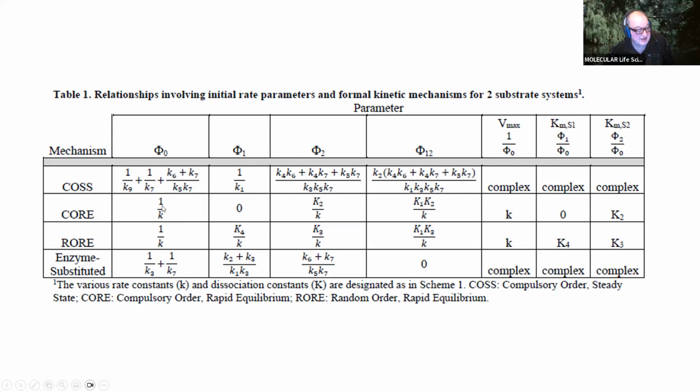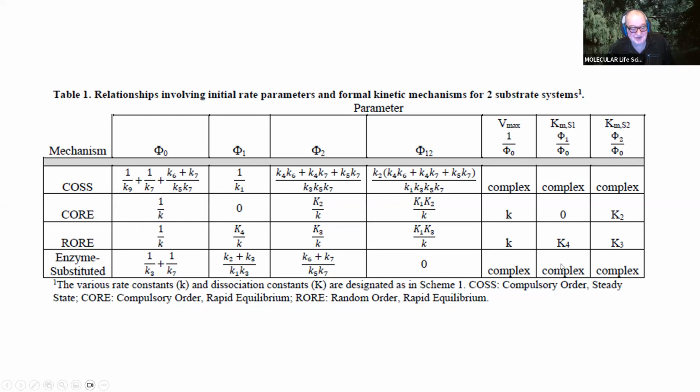You'll notice these are the rapid equilibrium mechanisms where the Vmax is a single rate constant. But in the steady state mechanism, it's a very complicated set of rate constants. And that's why I say you have to understand what the overall mechanism is so you can interpret, where possible, what Km and Vmax actually mean.